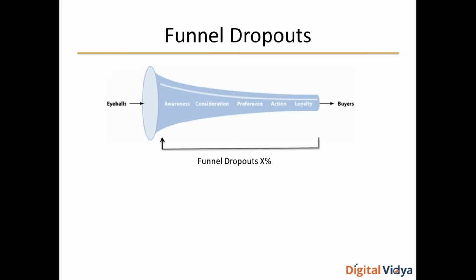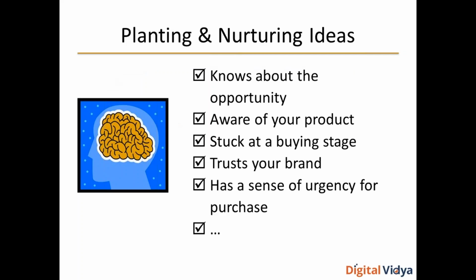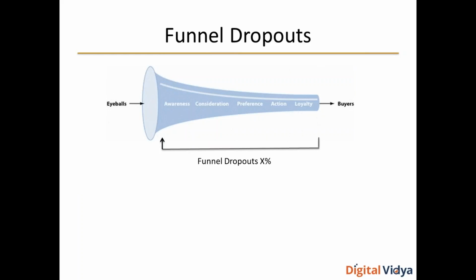This is called funnel dropout. Remember, I was telling you this funnel percentage: awareness, consideration, preference, action, loyalty. Left side is how the customer enters, right side is how he proceeds. Look at the way the funnel is shrinking, right?